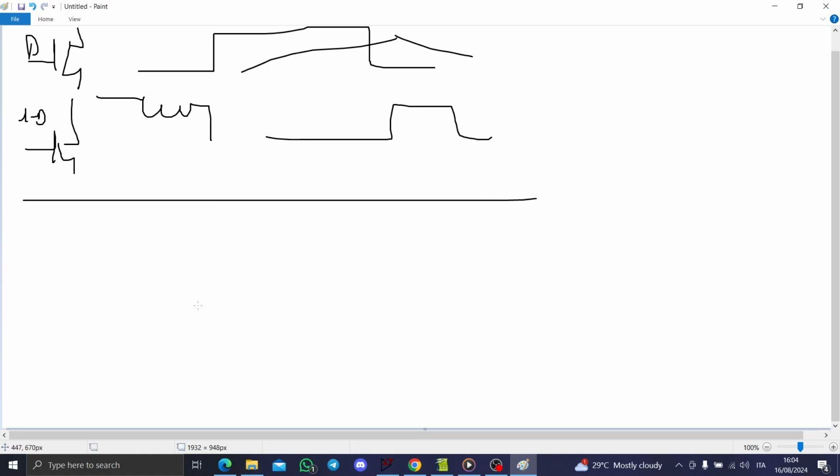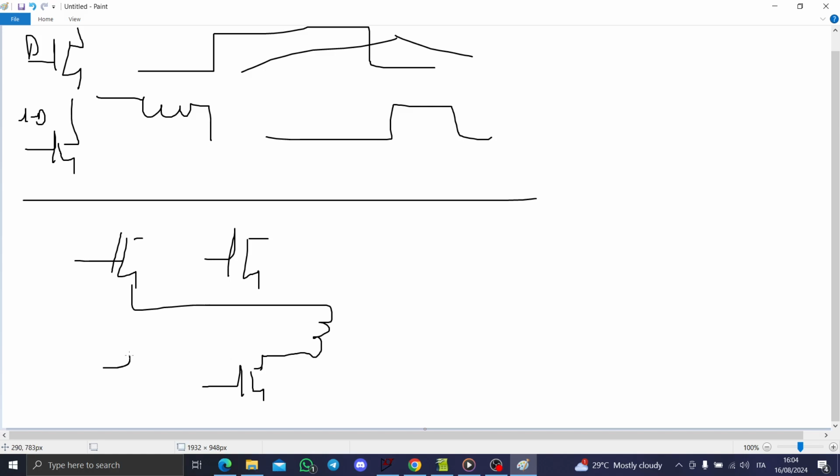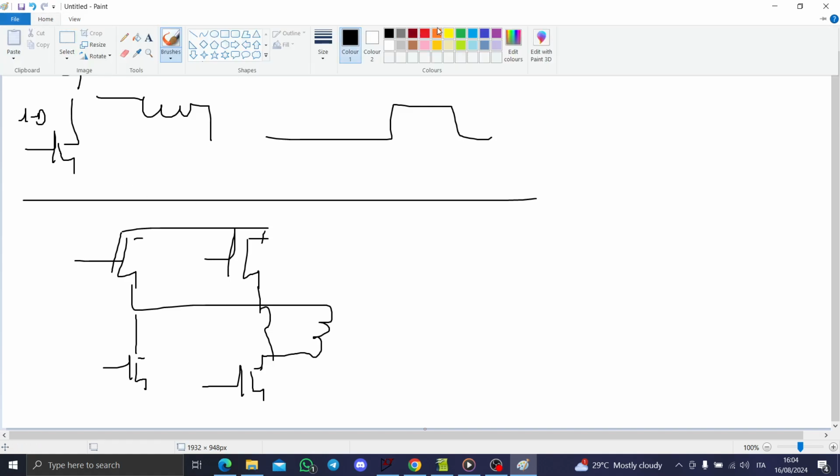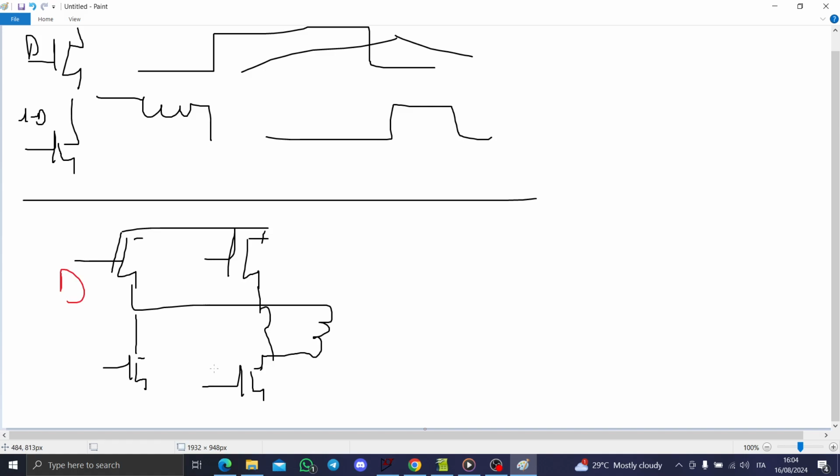But when you are driving a full bridge, okay, let me draw it like this. You cannot put D and 1 minus D here.